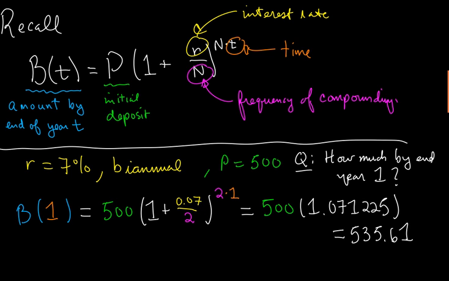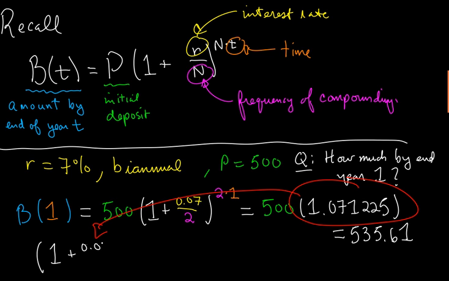Not a big deal. But I want you to look at this part again. I am going to rewrite that in a different way, and you can probably guess how I'm going to write it. Just like that, to the 1 power.